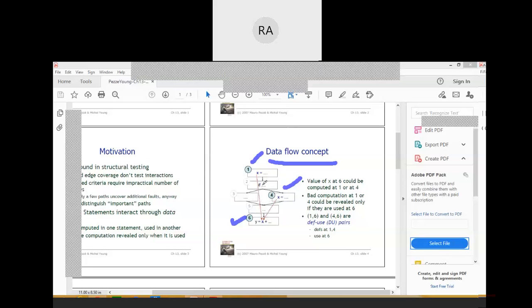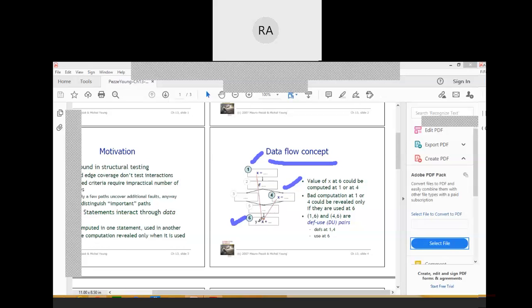that is node number 2. A bad computation at 1 or 4 could be revealed only if it is used at node number 6. That is, if there are faults with respect to the computation of the value of x, they can be revealed only if it is used at node number 6.